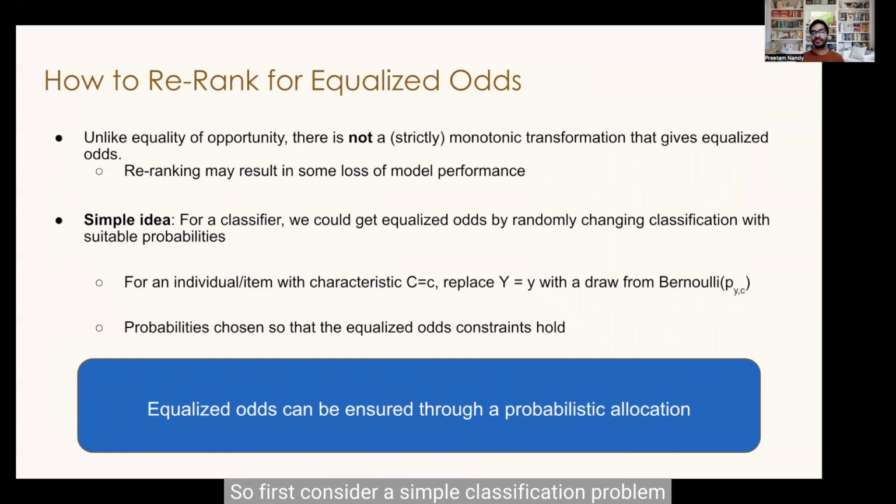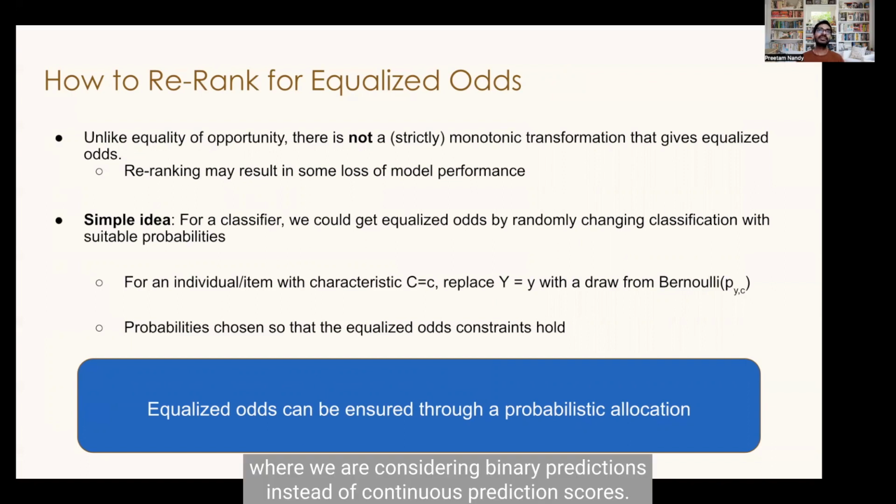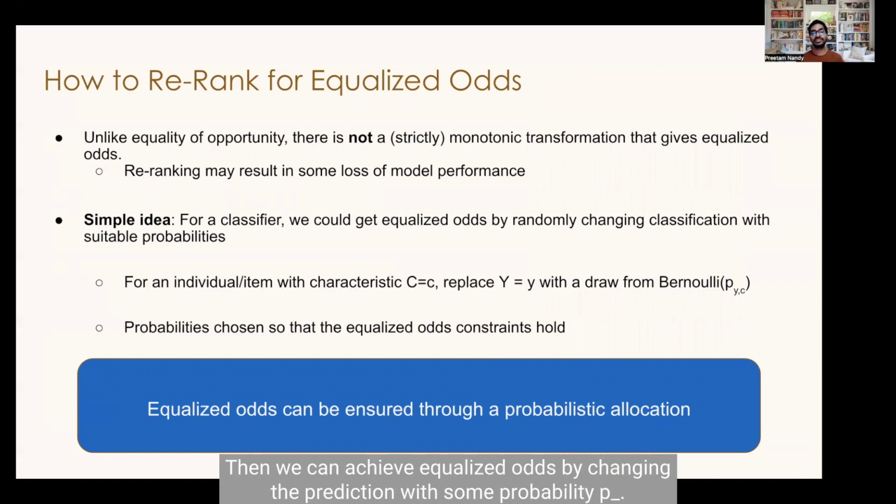So first, consider a simple classification problem where we are considering binary predictions instead of continuous prediction scores. Then we can achieve equalized odds by changing the prediction with some probability.